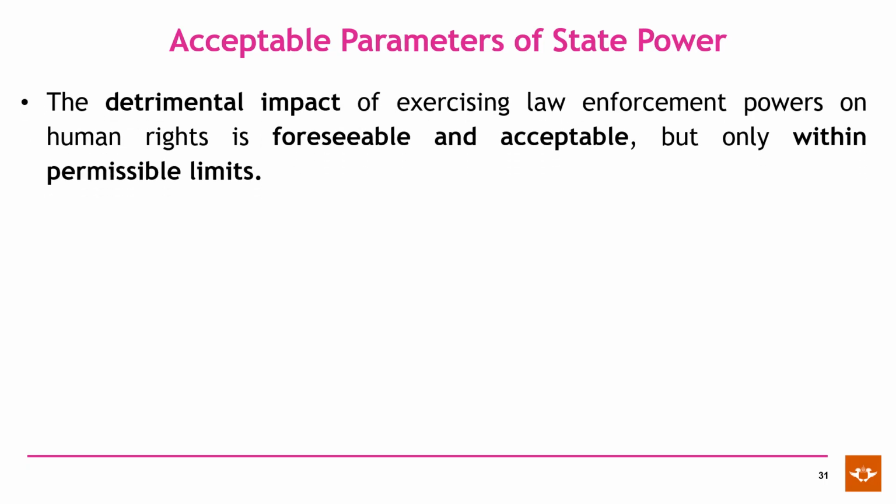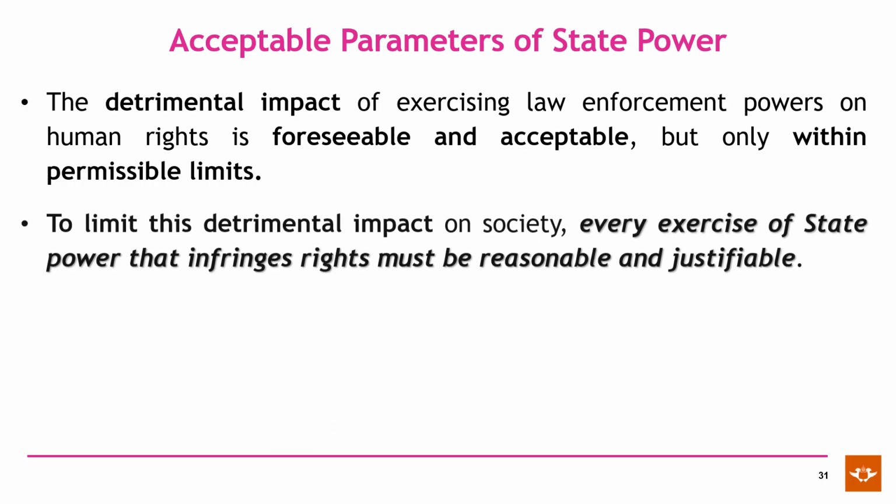What should be added to that? It is acceptable that there is this detrimental effect. So we foresee that exercising law enforcement powers will have a detrimental effect on human rights, constitutional rights, and that effect is acceptable provided it is done within certain limits. And that opens the door for our discussion on the limitations on the exercise of state power.